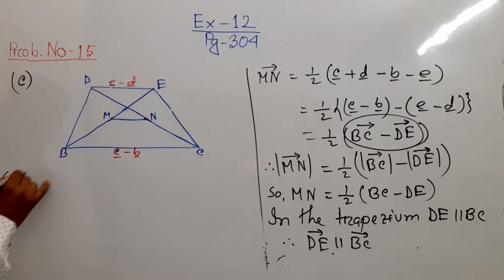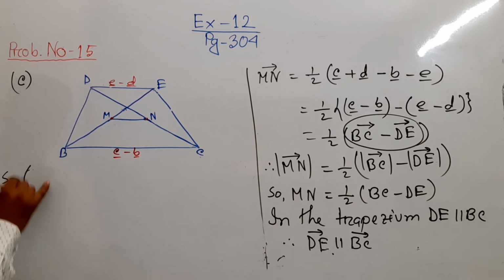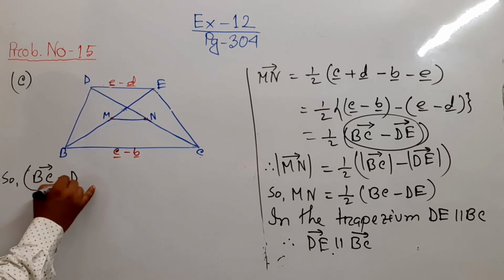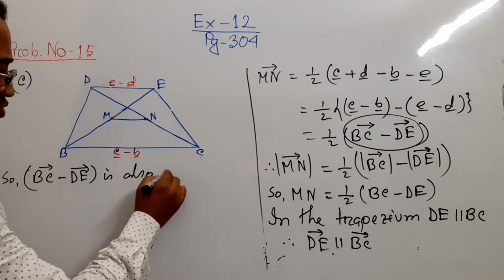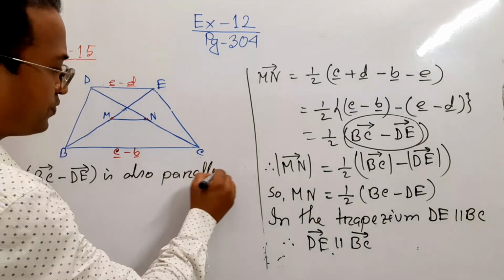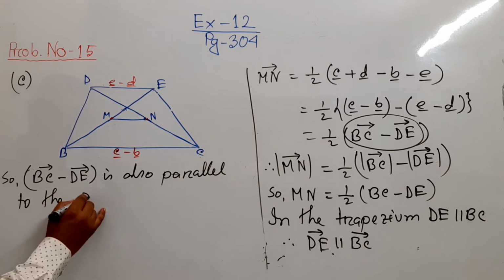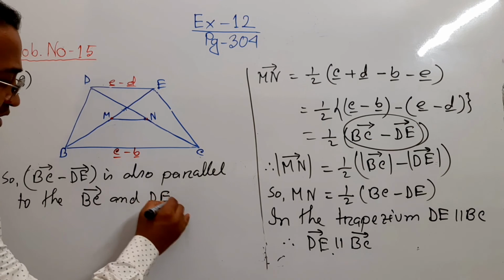So the vector BC minus DE is also parallel to the vectors BC and DE.